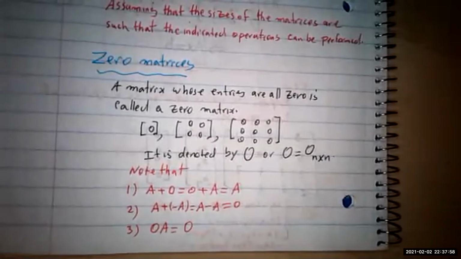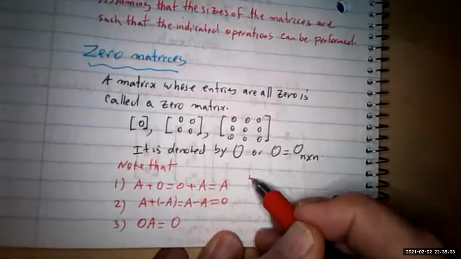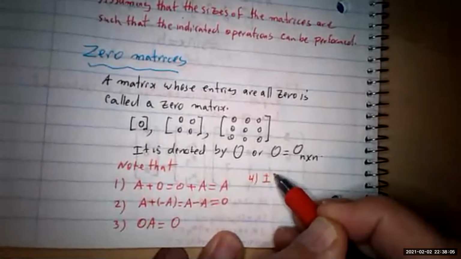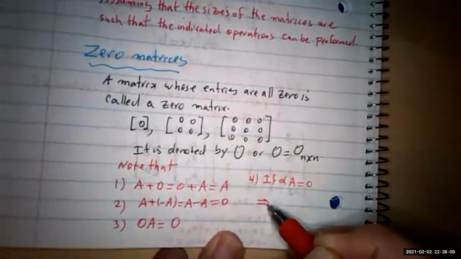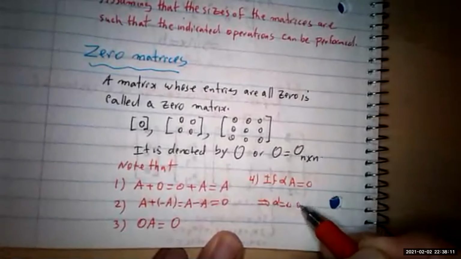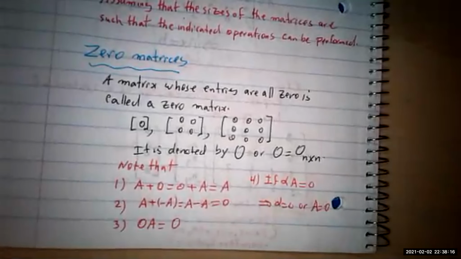And you have something like a zero product property: if alpha A is equal to 0, then either alpha is 0 or A is 0. Alpha, of course, is a scalar.